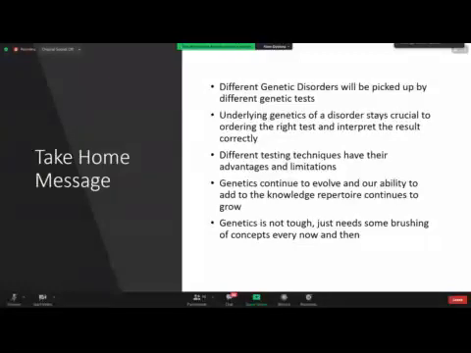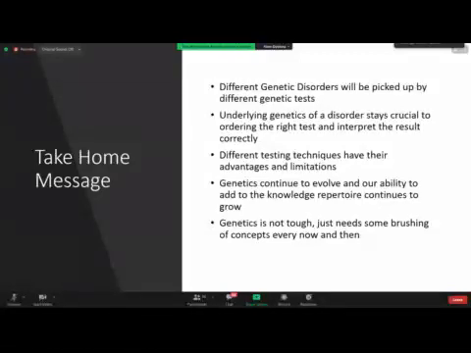They tell us how to interpret the results. Both techniques have advantages and disadvantages. Of course there are limitations for one technique, and that's why we go for the next one. It's a stepwise process.